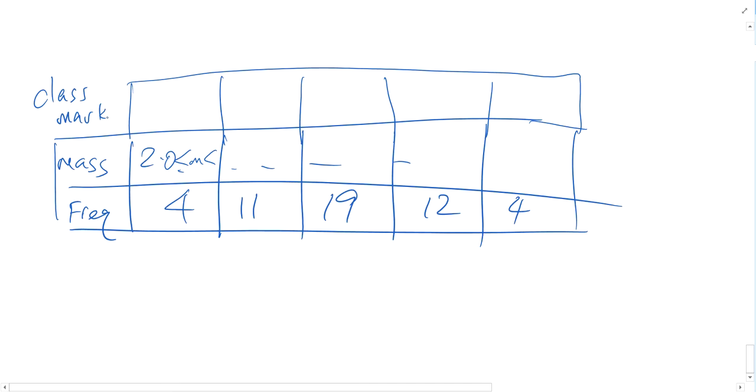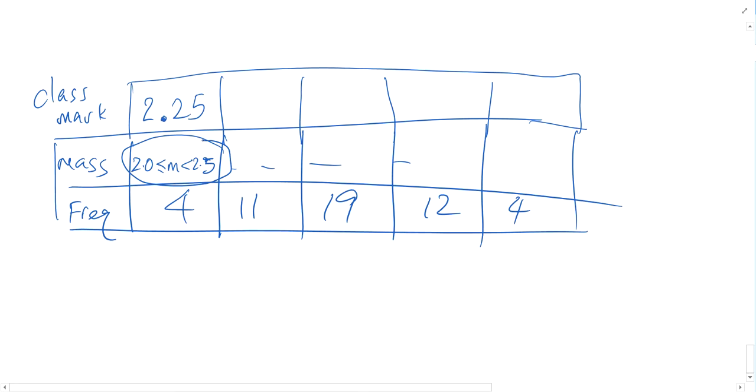What do you think goes into the first blank? 2.25, okay. Who needs me to explain why it is 2.25? Raise your hand now. You see, the mass over here is given as a range from 2 to 2.5, correct?